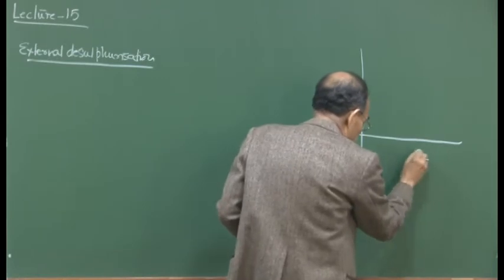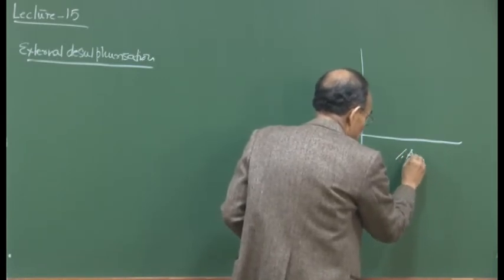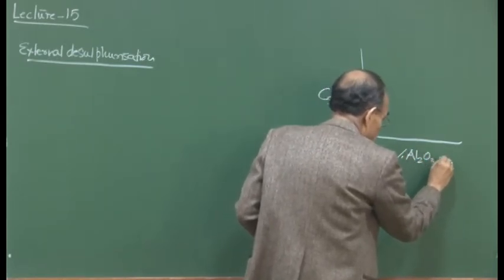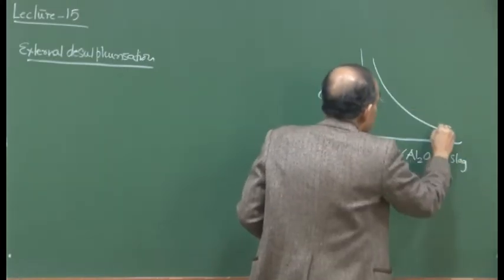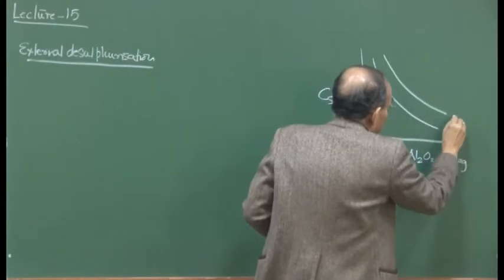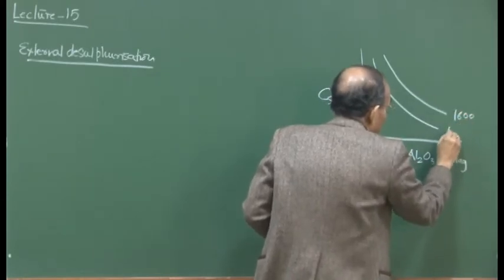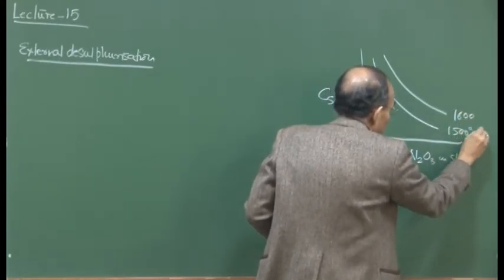I did not label the axis, and this is percentage Al2O3, alumina in slag. I have drawn two curves, one at about 1600 degrees centigrade, and the other at about 1500 degrees centigrade.